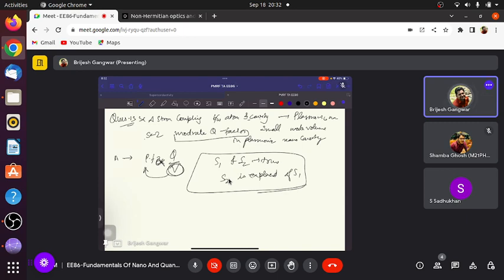Any other question? Sir, I have a simple question. In general, even in a two-level system, until or unless I am giving any external input, like a light source or something like that, the assumption is that no atom or particle is traveling from state one to state two, right?